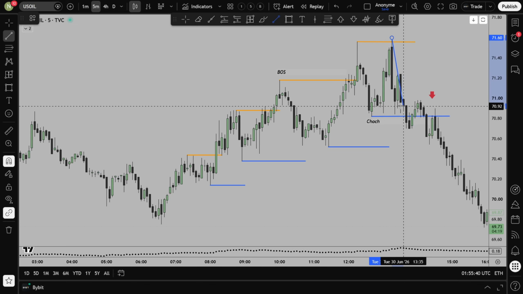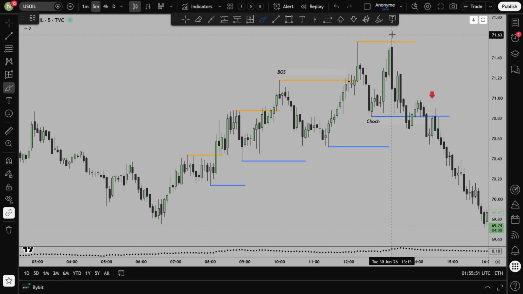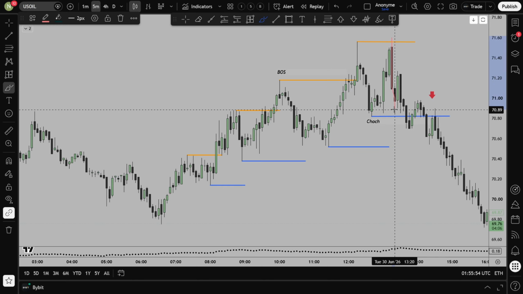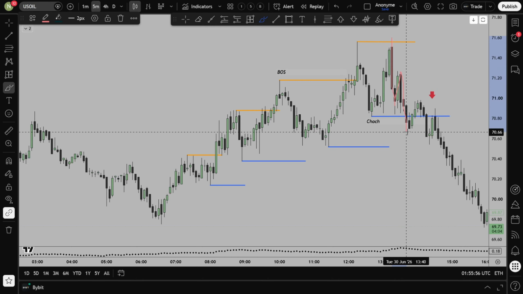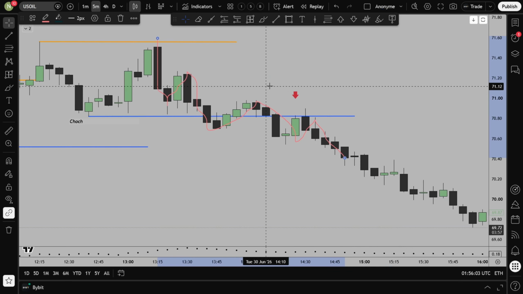So price went, let's do it with this one. Let's remove the magnet and do it. So up, down, up, up. This is internal market structure. We are going to zoom in on it.